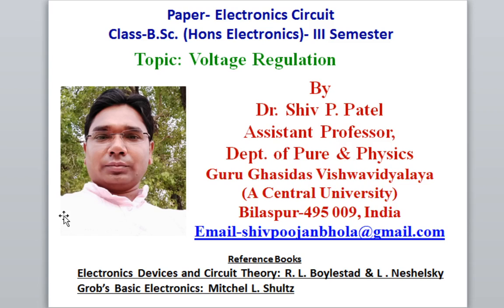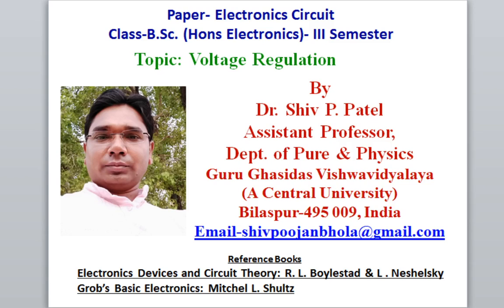In my previous lecture I gave the concept of voltage regulation, and then I discussed the voltage-current characteristics of the Zener diode, and I introduced why a Zener diode can be used in a voltage regulation circuit.